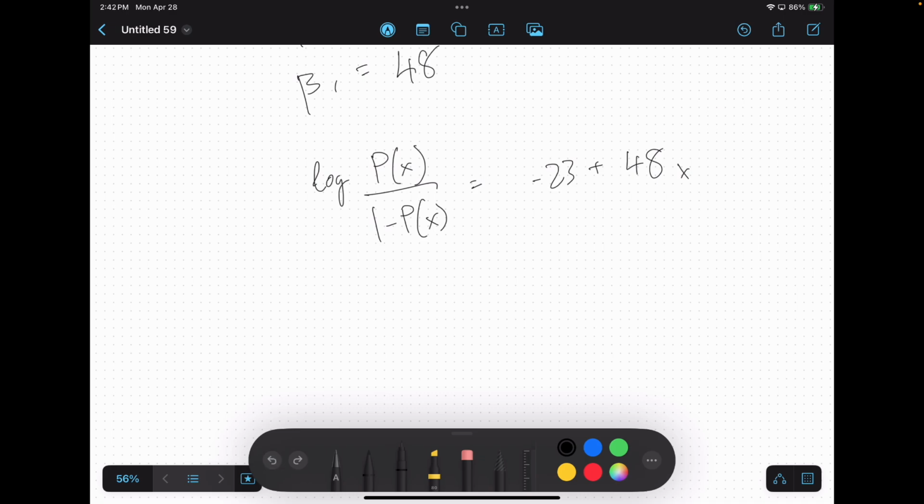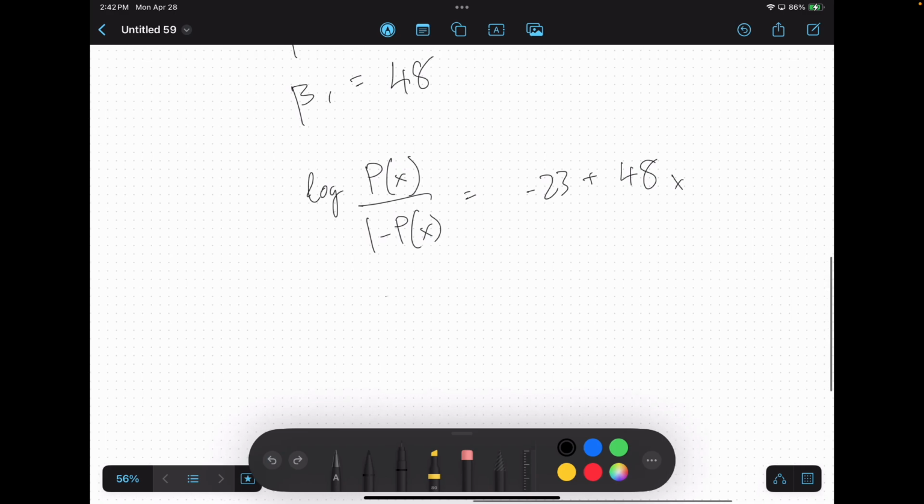Okay, and so you can go in here, plug in an x, and then solve for the probability. And actually, if you were to do that, in this form, it will look something like this. Beta 0 plus beta 1x divided by, it's 1 minus that, right?